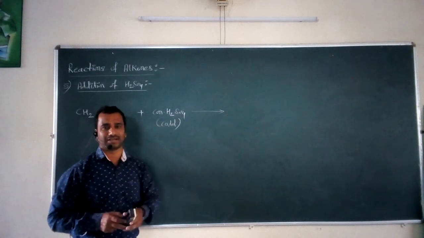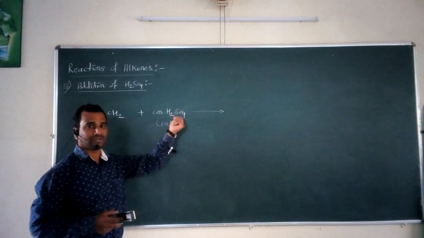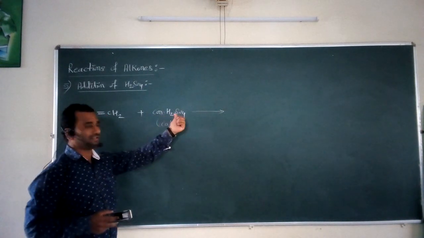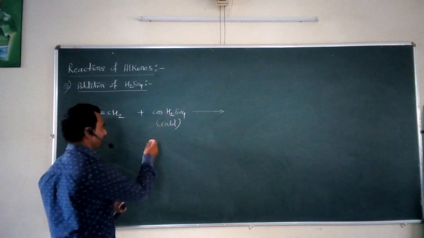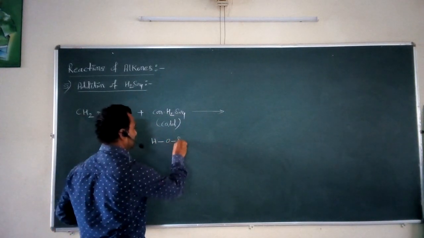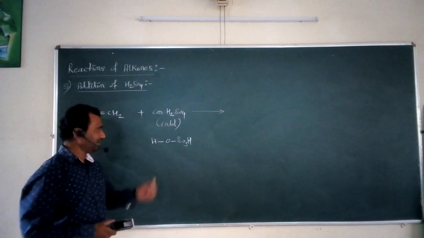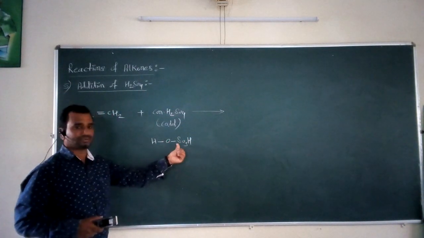To the two olefinic carbons, two parts get added from the H2SO4. Now what are those parts? This concentrated H2SO4 may be written in this way, HOSO3H, H single bond O SO3H.